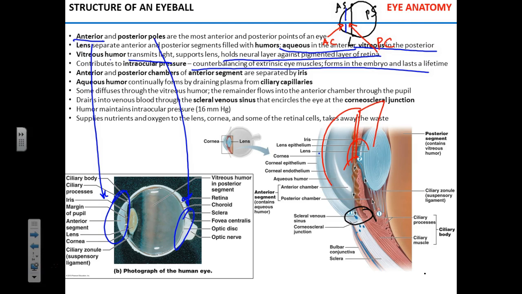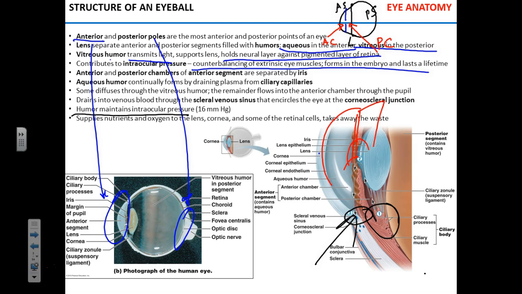A sinus is like a tiny vein, okay? And that's where the fluid goes away. Does that make sense? Think about this. The ciliary processes are like faucets that produce fluid. The scleral venous sinus is a drain where this fluid goes away. Does that make sense?